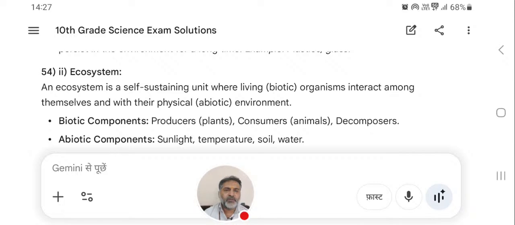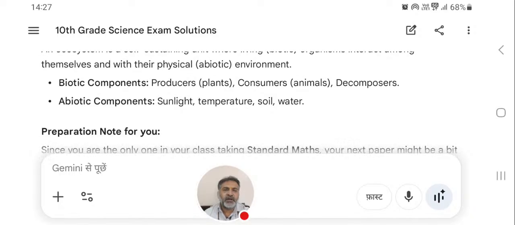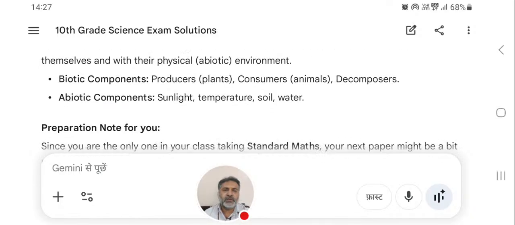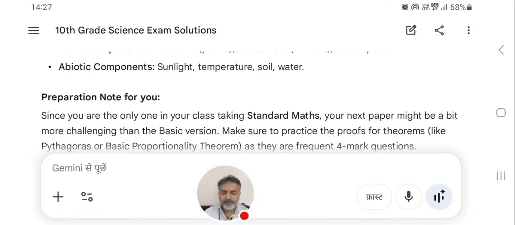Biotic components: producers, plants; consumers, animals; decomposers. Abiotic components are sunlight, temperature, soil and water. Okay. Now question number 54 is completed and the paper is solved.